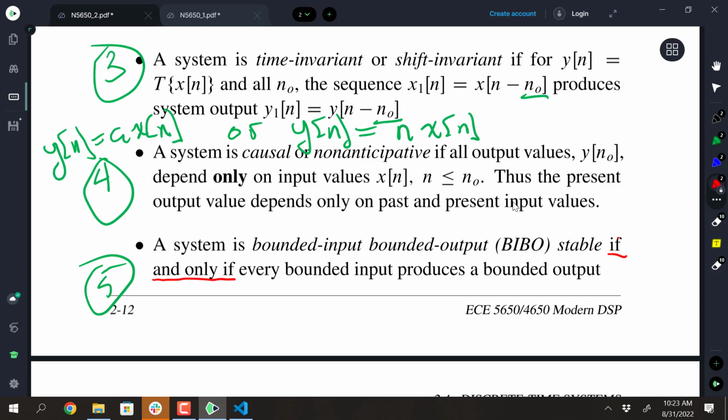So interpreting it would say a system is stable if every bounded input produces a bounded output. A system where I observe that every bounded input produces a bounded output is stable. So I'm just saying they go back and forth.